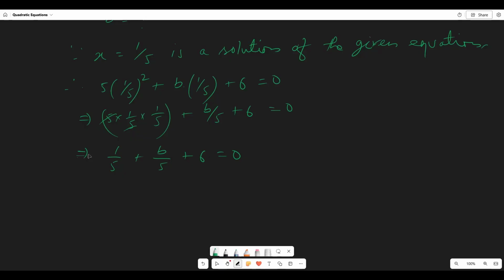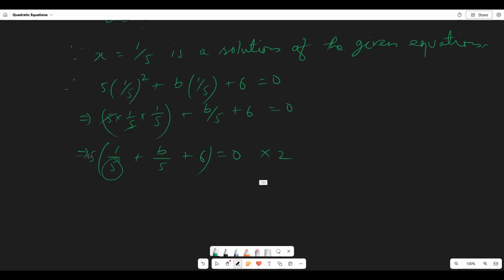So we can just multiply both sides, RHS and this whole LHS, with 5. Why? Because here you can see in the denominator we have 5, so these denominators will be eliminated.